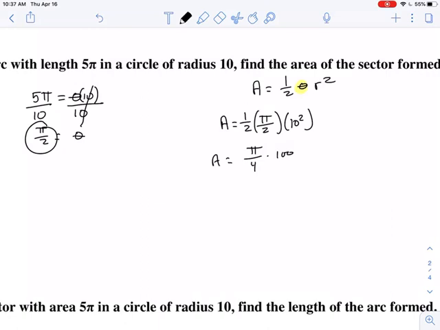So then I'd end up with area equals 100 pi over 4. That's going to simplify down. So that area, that sector, is 25 pi.